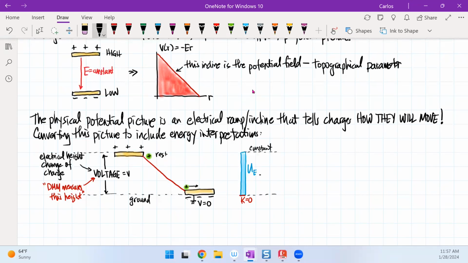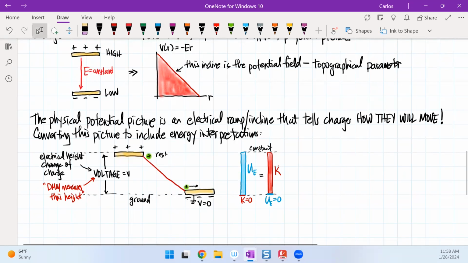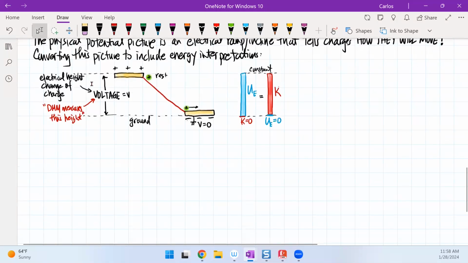When you get all the way to the bottom, all that potential energy has been transferred to kinetic energy. And when it reaches the bottom, we know that that electrical potential energy is zero. It can't have more than that. So this being the case, we could now interpret what happens in a wire.